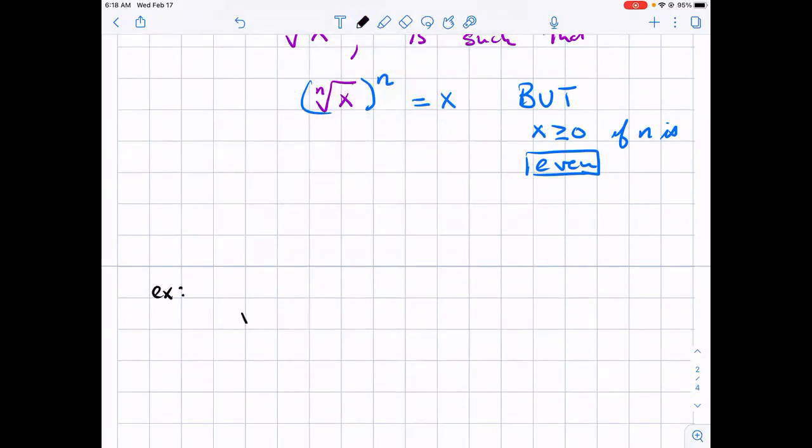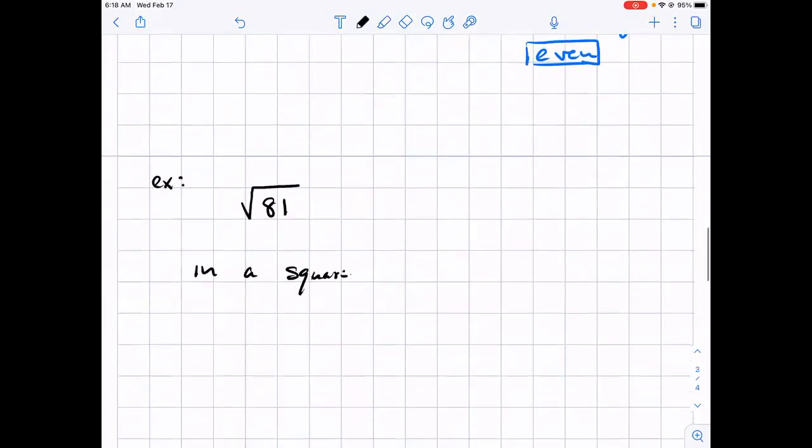Let's say we have the square root of 81. So this is called a square root, okay? In a square root, the index, which is really the n, that's your n here, the index is 2, okay?